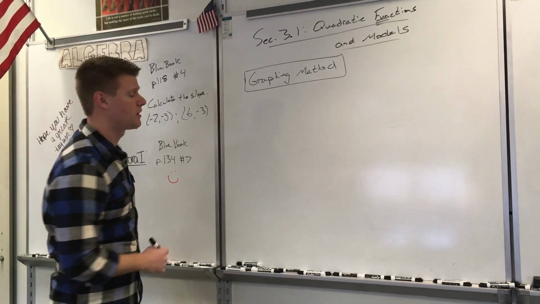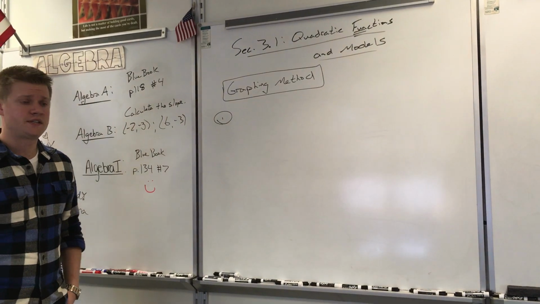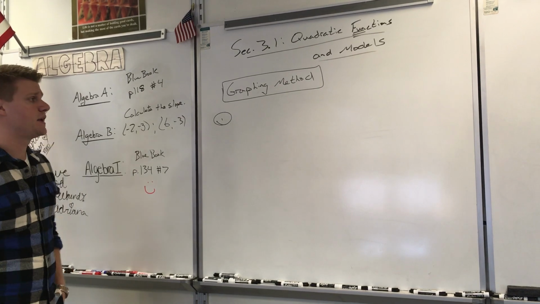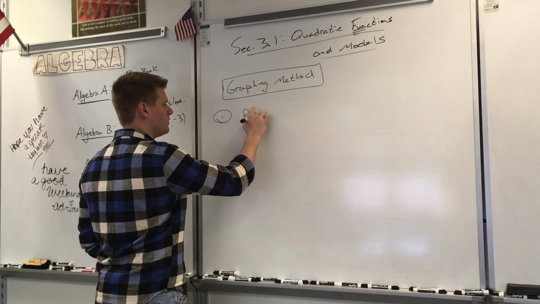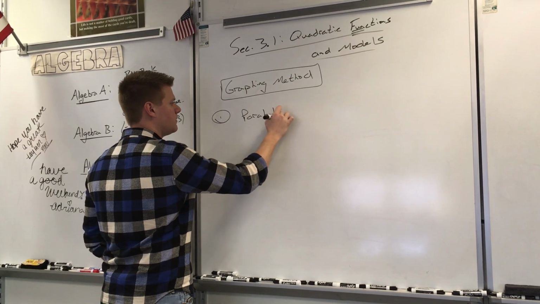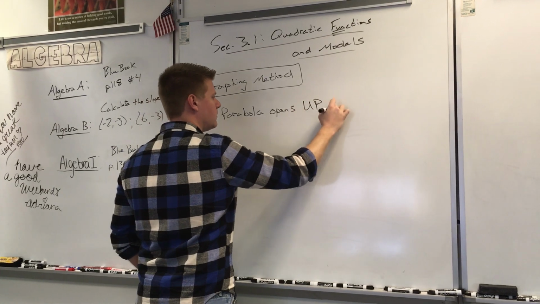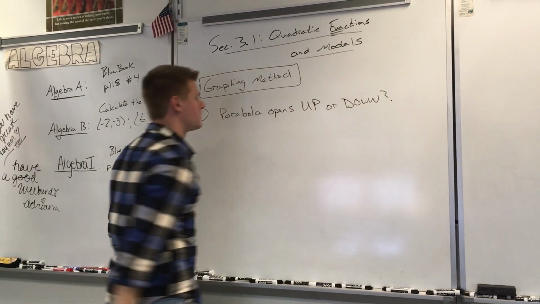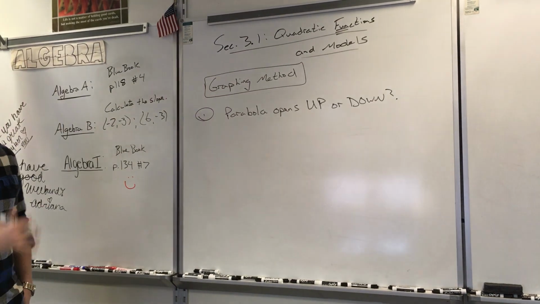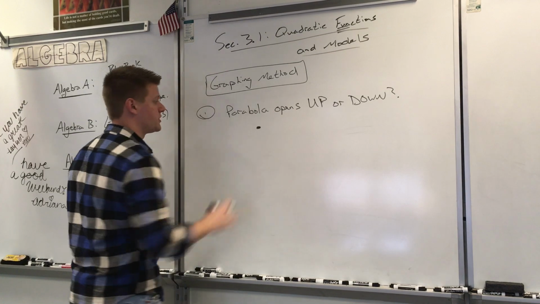We saw general already. For general form, there are just a quick 3 steps that we go through. First thing I always like to answer is, will the parabola open up or down? That's a very easy question. It's something that we can answer right away just looking at a quadratic equation.